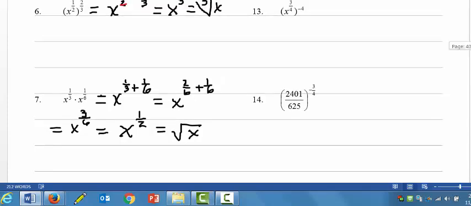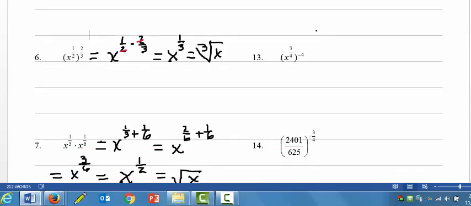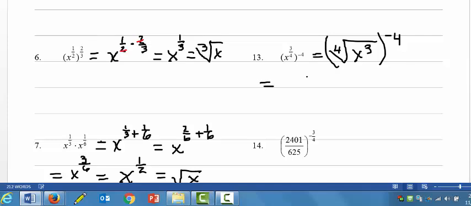X to the 3/4 to the negative fourth is the fourth root of x cubed to the negative 4, which is 1 over the fourth root of x cubed to the fourth.